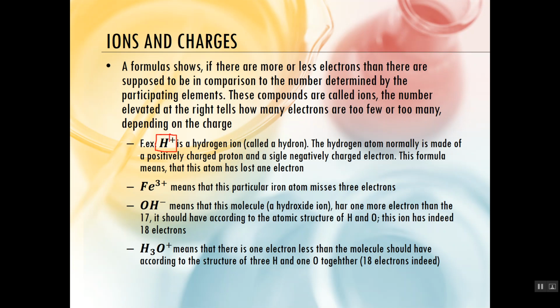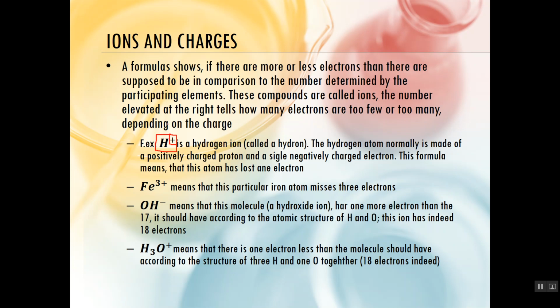H plus means that you have an atom which has one electron less than it should have according to its atomic model. Now, the atomic model of the hydrogen atom predicts that it is made of a proton and an electron. H plus means that there is an electron less, so there is no electron actually in this ion.